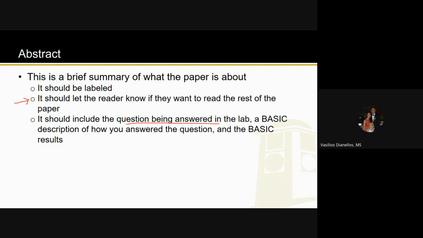Then you give a basic description of how you did it, right? So again, using the same example: in this experiment, I wanted to answer the question, does temperature affect the rate of photosynthesis and respiration? Here we go.